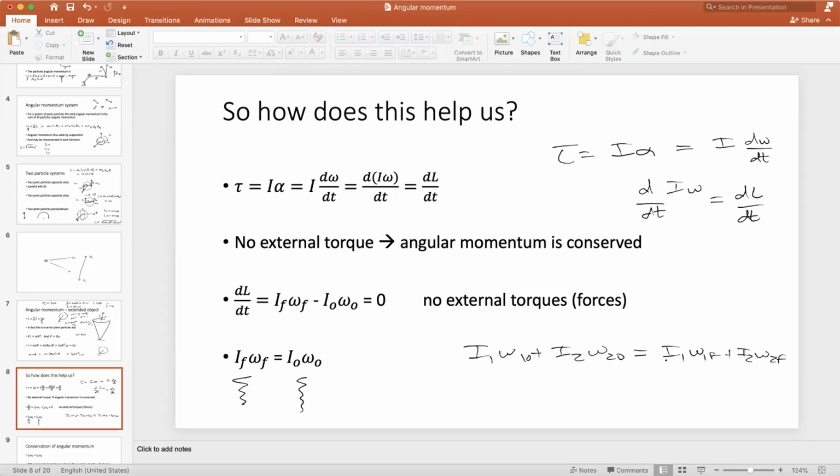But just like we did with linear momentum, if these objects are doing something weird, like they're combining together, if they're having some kind of collision where they're sticking together, then I1 plus I2 times omega final. So here the system's moment of inertia changed, and therefore omega changed.